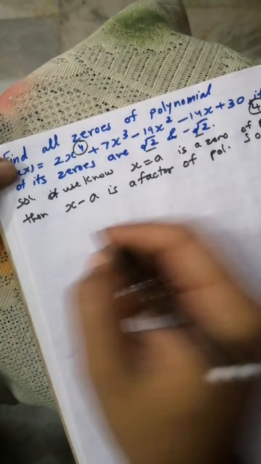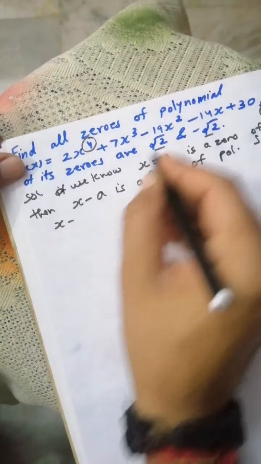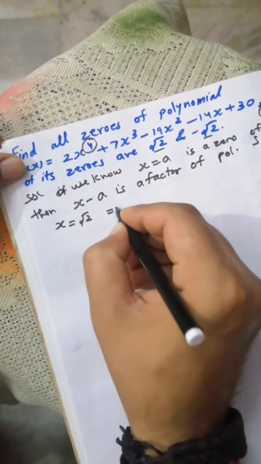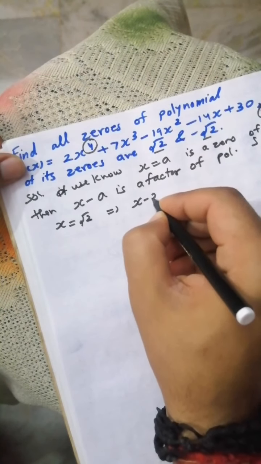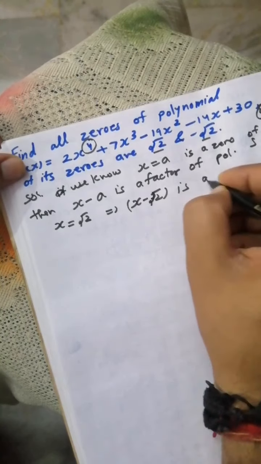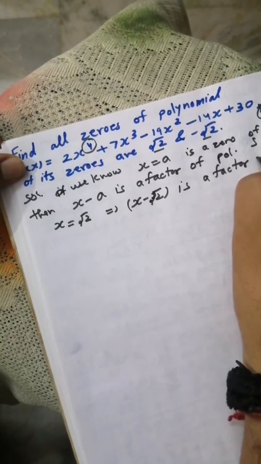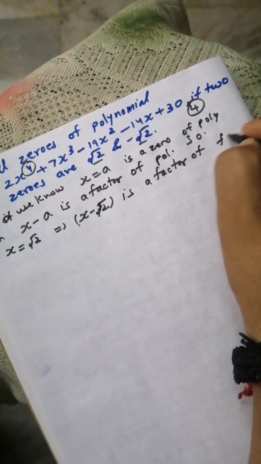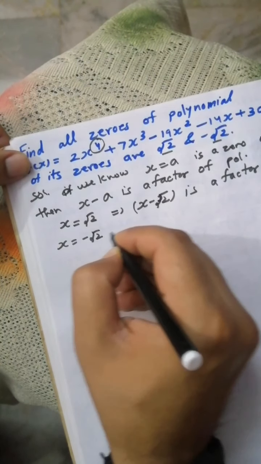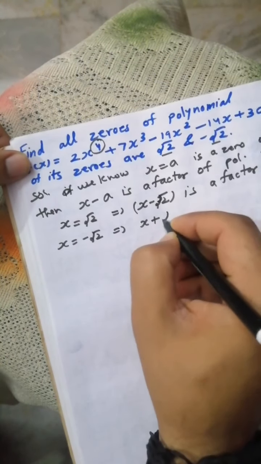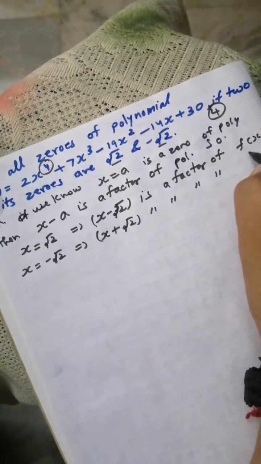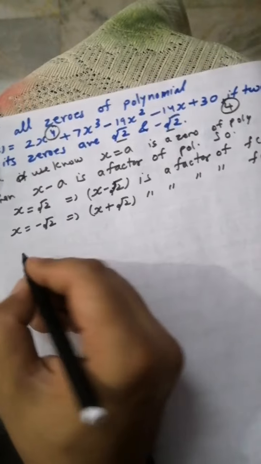So here we can write, x equals root 2 means x minus root 2 is a factor of fx. And if x equals minus root 2, it means x plus root 2 is a factor of fx.